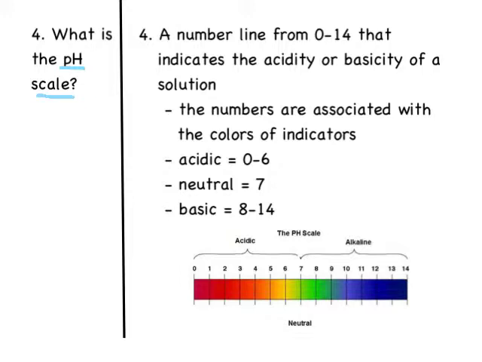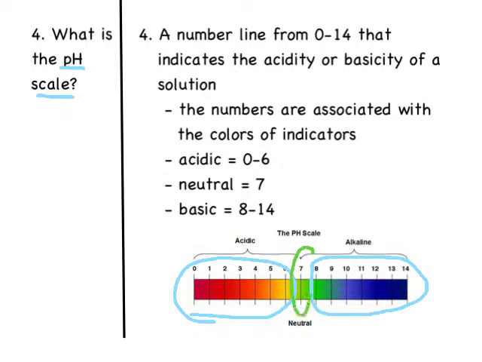Remember, the acidic solutions are going to be from 0 to 6, and they turn it the reddish orange color. Basic solutions are from 8 to 14, and they turn it on the blue-green to blue side. And right there in the middle, we've got neutral substances, which are pH 7, and they're yellowish green in color. So that is the pH scale.